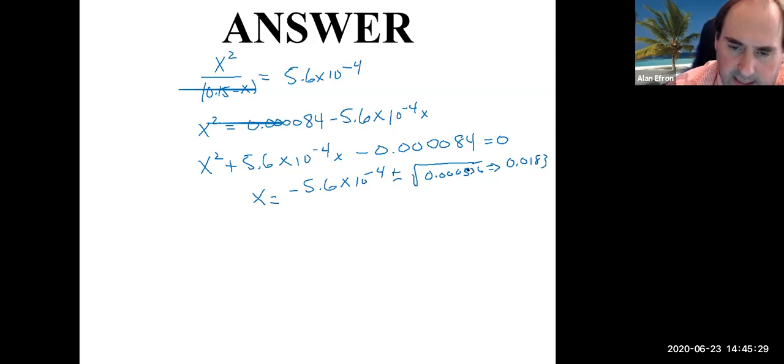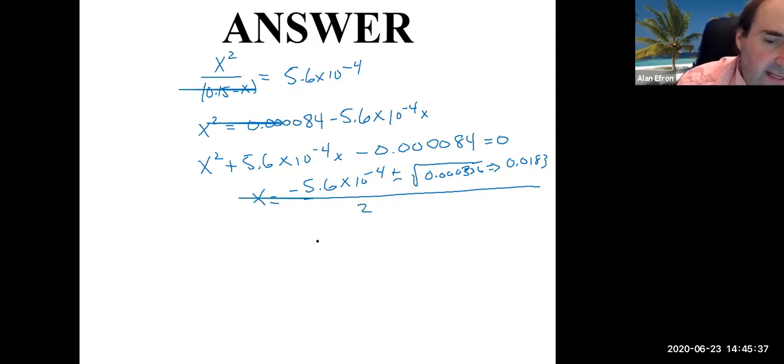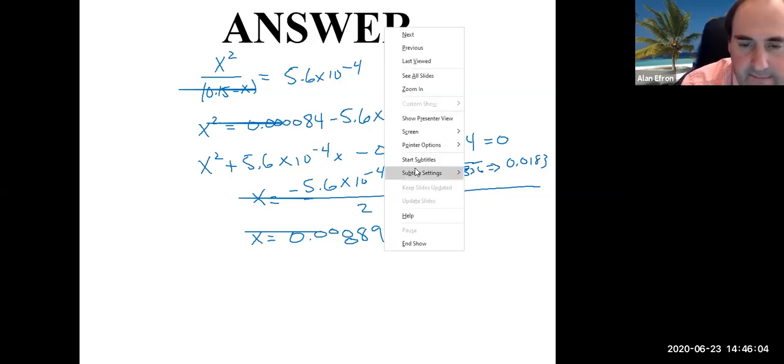So again, that's 336 there, and that's all going to be divided by 2 in this case. That's going to give you 2 x values. If we did our positive, our plus, x would equal 0.00889 as an x value.